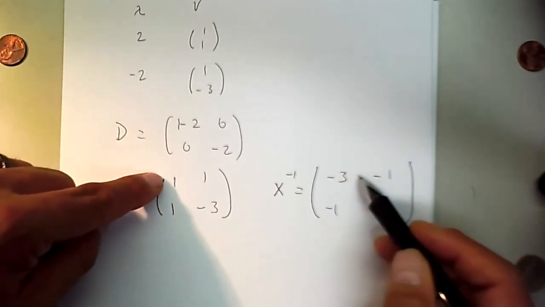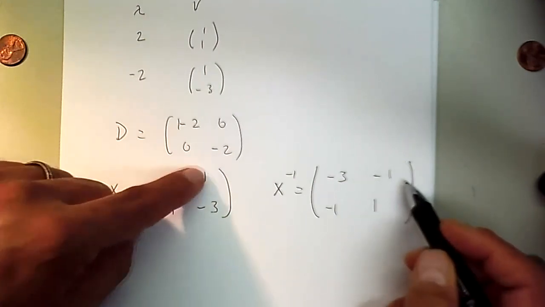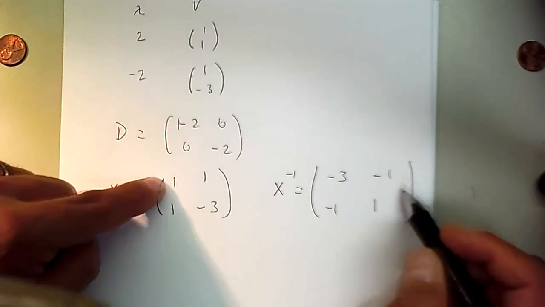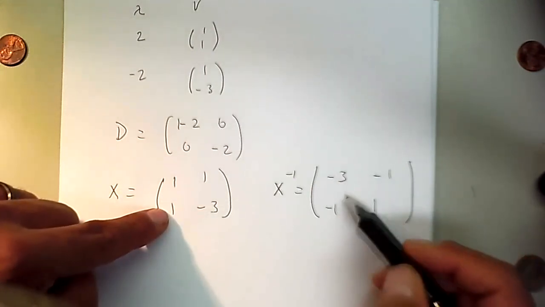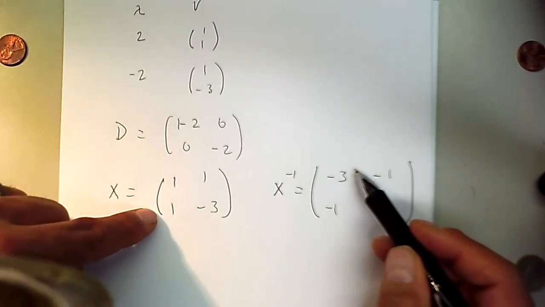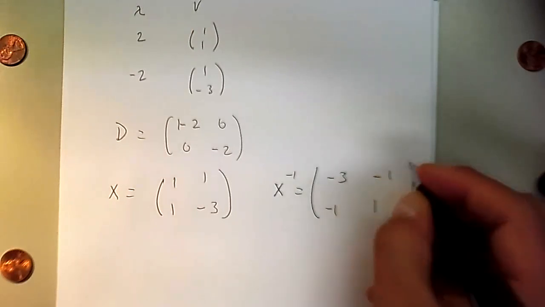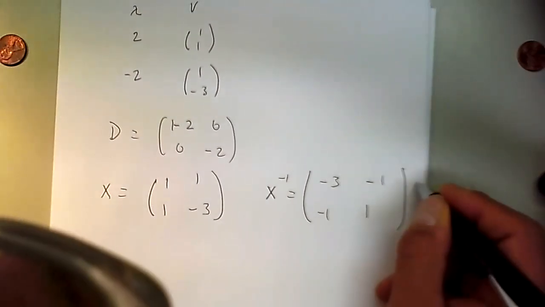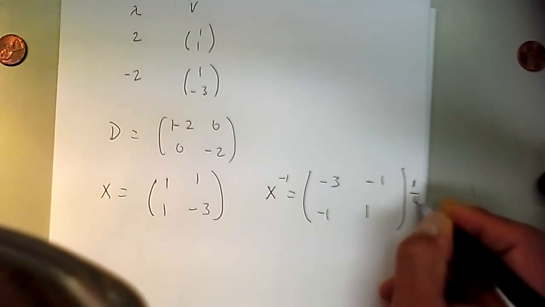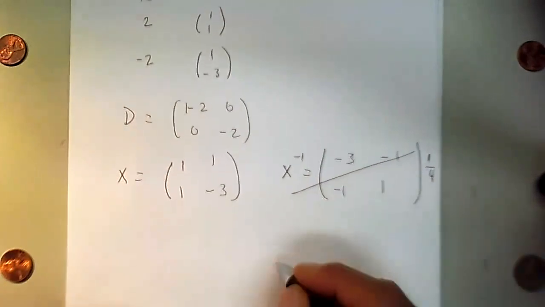And then if we do this column and this row, we get 0. And then this row and this column gives us -3 plus 3 is 0. So it looks like we need to multiply by 1/4.